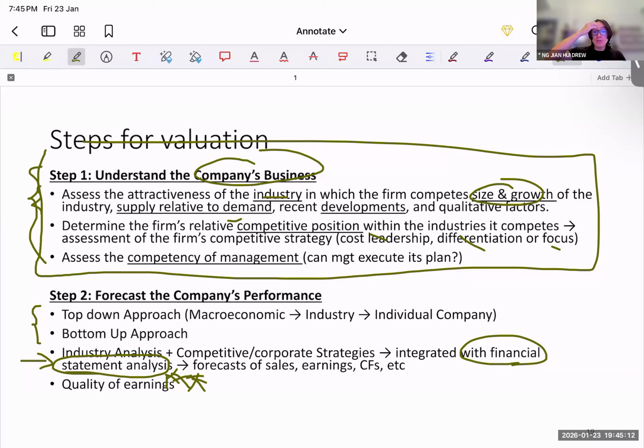When you do your valuation, typically we look at the last 3 to 5 years of historical financials, and using these we can do some forecasting of the sales, earnings, and cash flows, in order to derive our quantitative model.